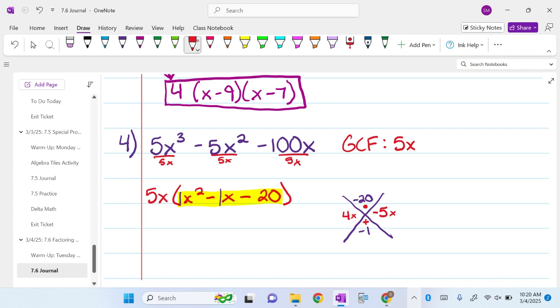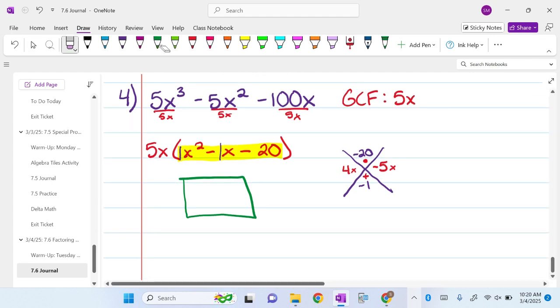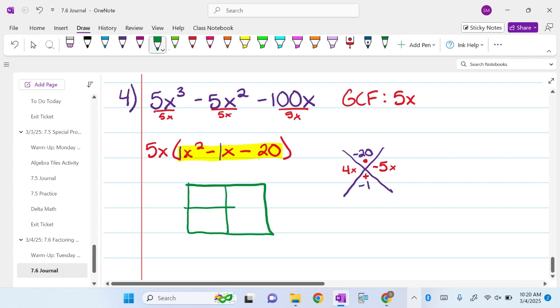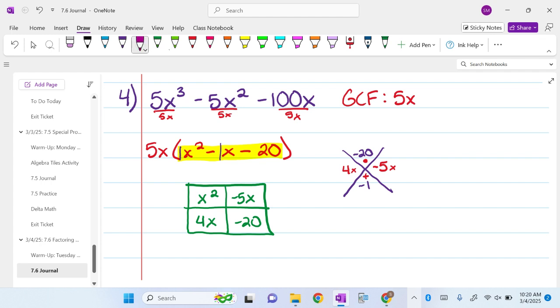So I'm going to throw my X's on and then make my reverse box. All right, so I got the x squared in the top left, negative 20 in the bottom right. And then you can place the negative 5x and the 4x in either one of the 2 boxes. It doesn't matter. Again, x times x gives you x squared.